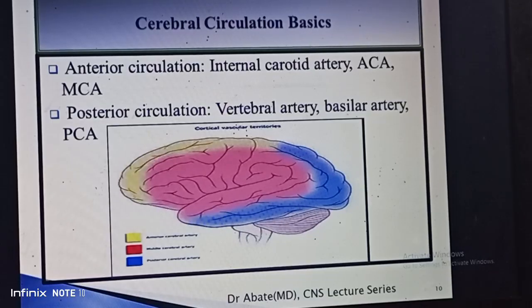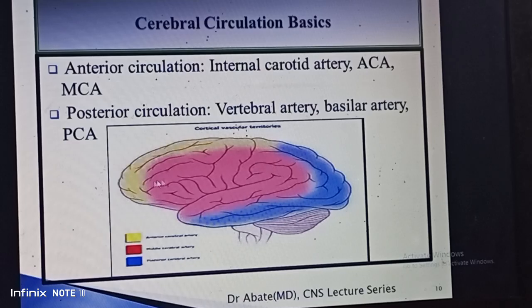From this picture, you can see that the yellow part is the part of the brain supplied by the anterior cerebral artery, the blue part is supplied by the posterior cerebral artery, and the middle one, colored red, is the middle cerebral artery territory, which supplies parts of the brain.